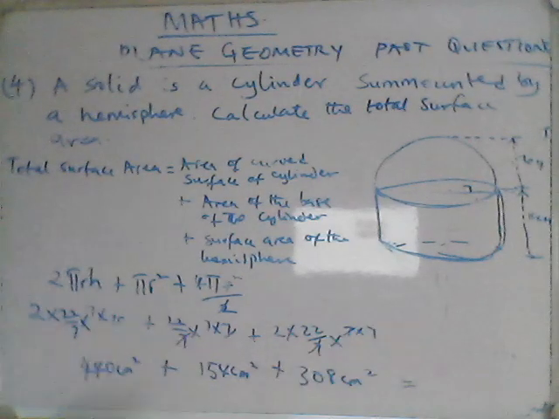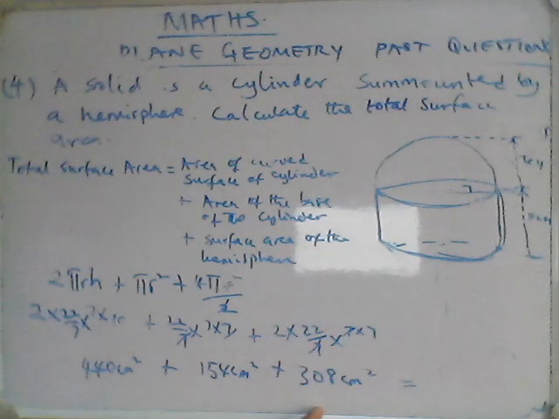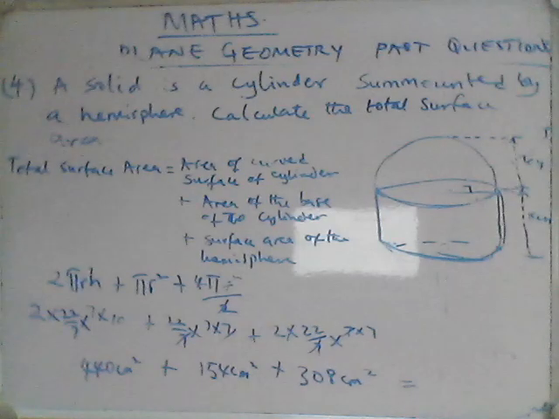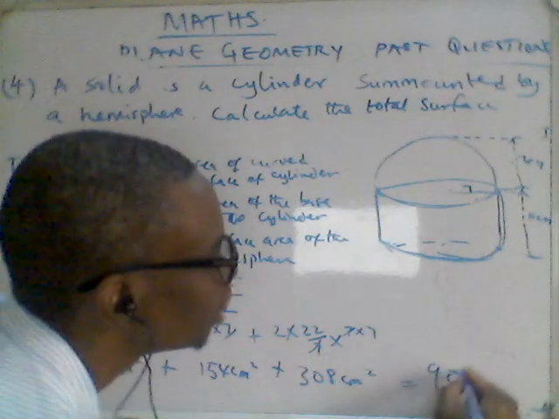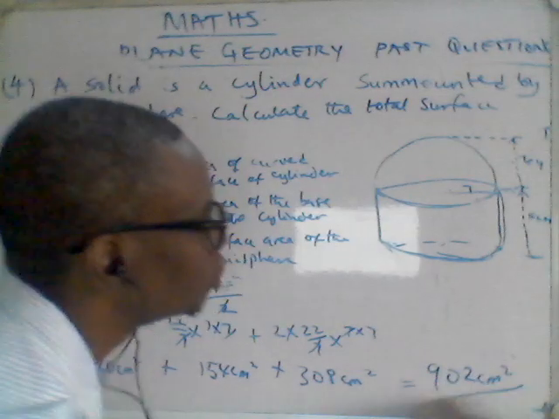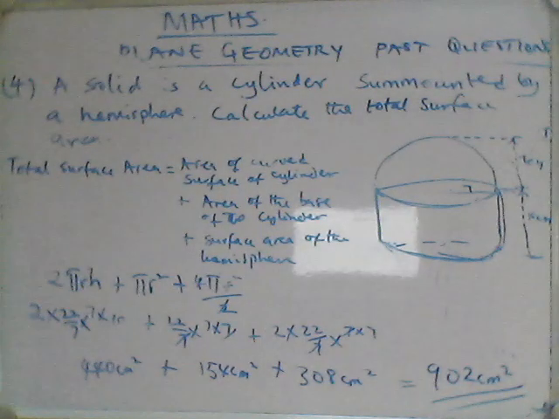So when I add all these together, that is 440 plus 154 plus 308, I'll be getting 902 cm square. So that is the total surface area of this shape.